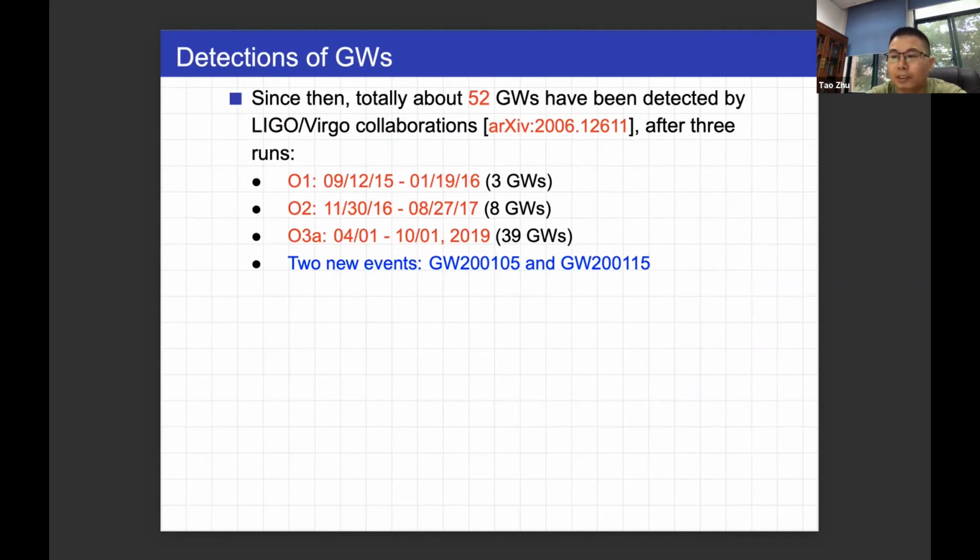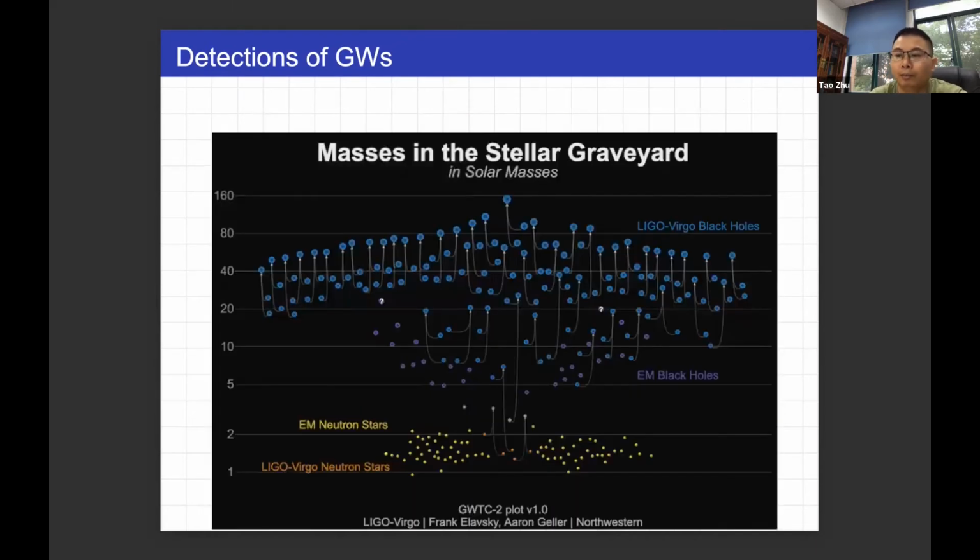Most recently, the LIGO, Virgo, and KAGRA collaborations have announced 2 new events, GW200105 and GW200115, which are most likely signals from mergers of neutron star and black hole binaries. This picture shows all the gravitational waves detected so far by the LIGO, Virgo, and KAGRA collaborations.